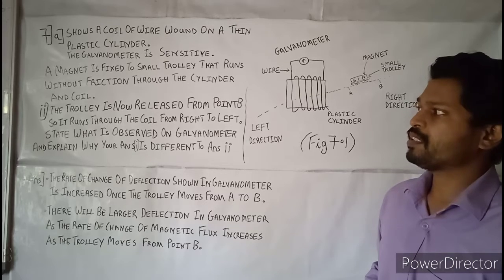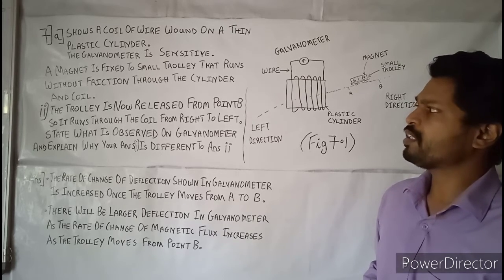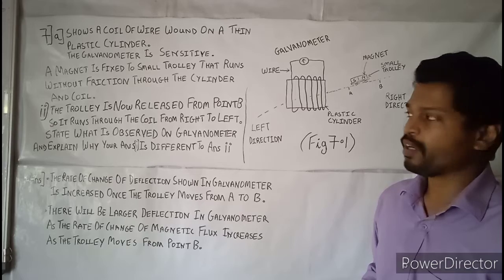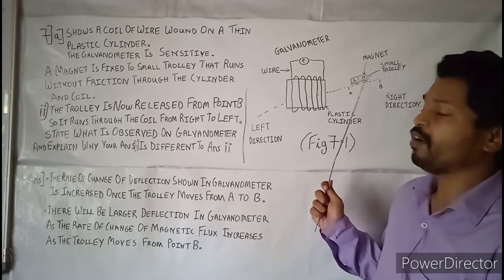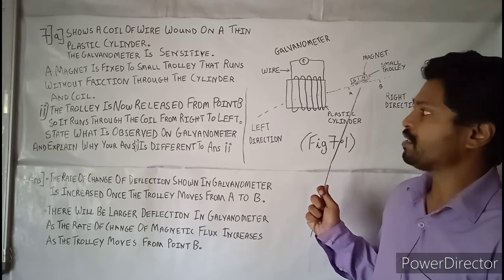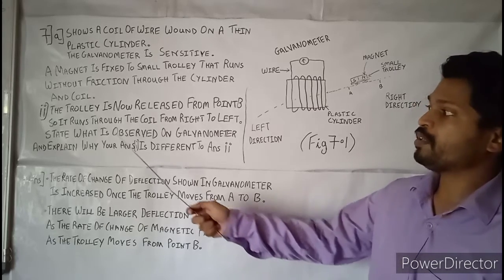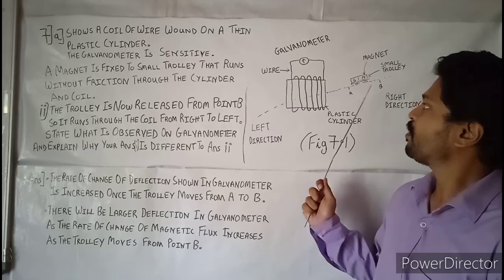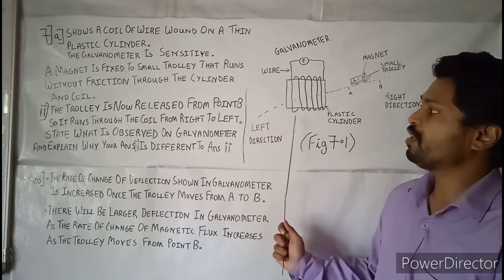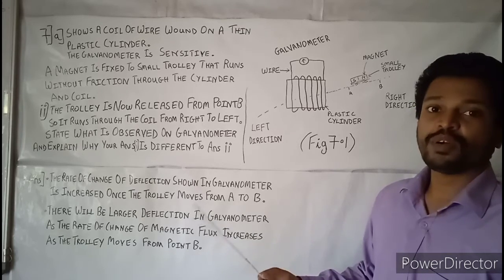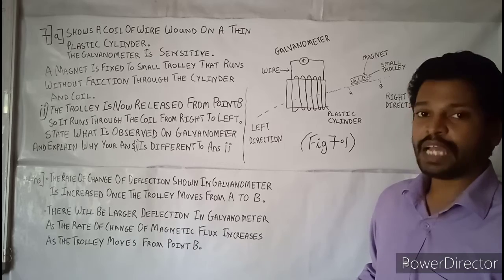So we'll come back to question 7th A, the second part. It states that the trolley, on which the bar magnet is kept, is now released from point B. It runs through the coil from the right direction to the left direction. State what is observed on the galvanometer.